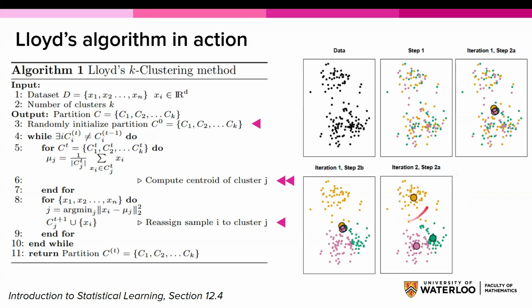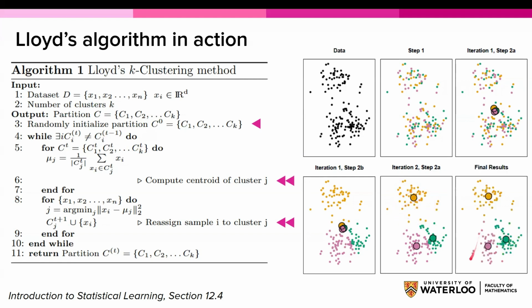This moves the centroids to the center of those clusters, which reflects where we would expect them to be. And then in this last step, we reassign points based on, again, which centroid is closest to it. We can see a few samples that changed hands here. Specifically, there were some orange points that were reassigned to green because they were actually closer to the green centroid than to the orange centroid.